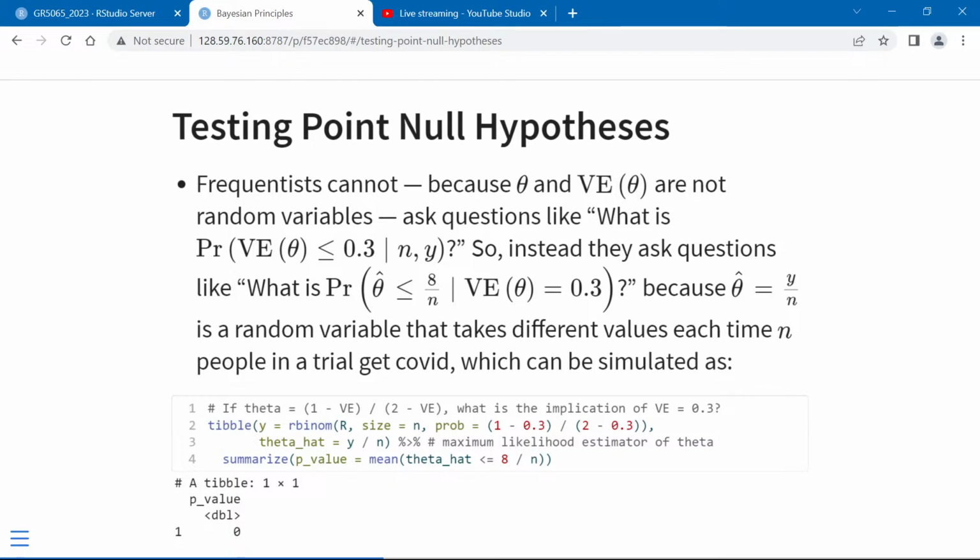And that is consistent with what the FDA asked for. But it's just a convoluted way of asking a question that has the same words as the Bayesian question that makes actual sense. Like, what's the probability that this is effective enough to get approval? Or in this case, not effective enough to get approval. So this is a much more straightforward question.